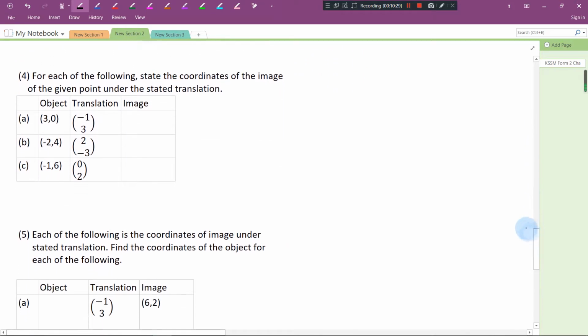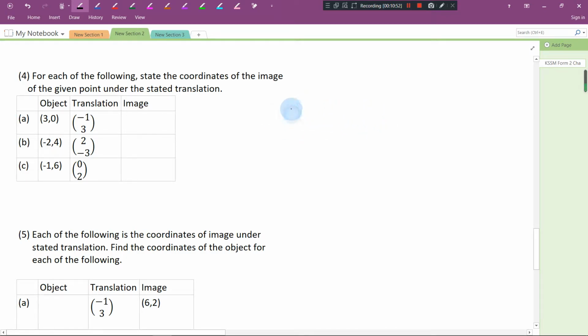Let's try this one. Question number 4. For each of the following, state the coordinates of the image. We need to write the coordinate of the image of the given point under the stated translation. Now we have a translation here, and this is the object. We need to write the coordinate of the image. Now we don't have a diagram, so we cannot calculate like this.